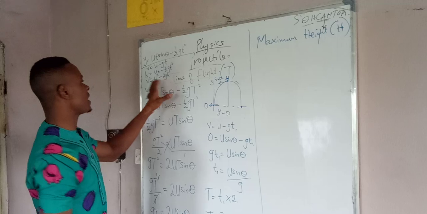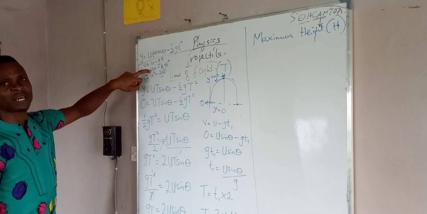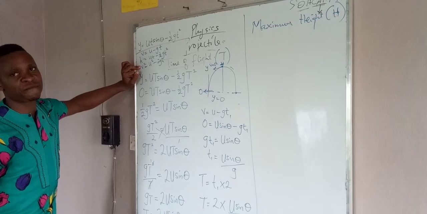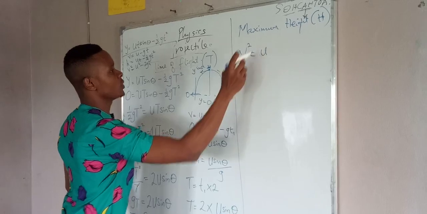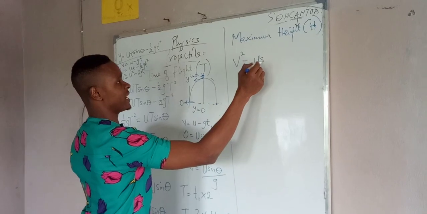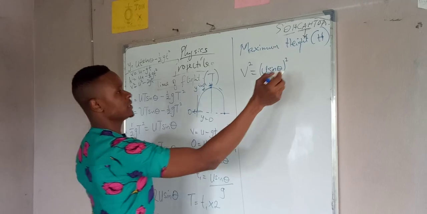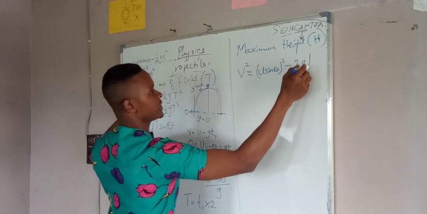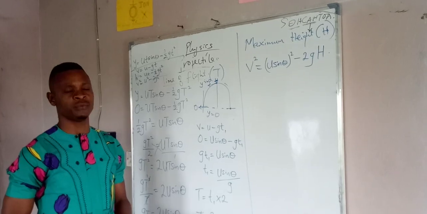Now we are going to consider it such that, recall that initial velocity doesn't have effect in taking the object. So we are using it with respect to final velocity being 0. So that would be V squared equal to, recall the effective value of U sine theta all squared minus 2G, because now we are looking for H, and H is capital H. So this becomes the equation to solve with.